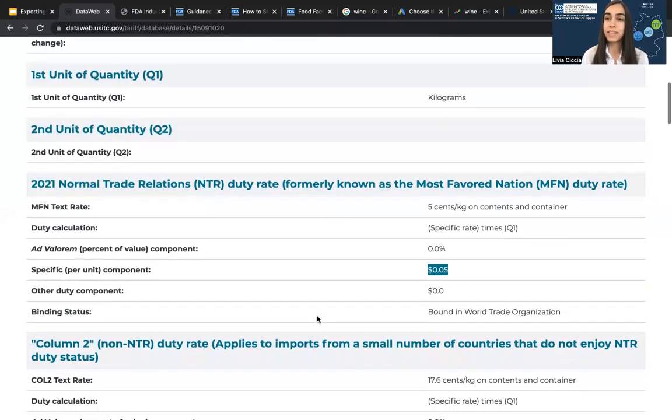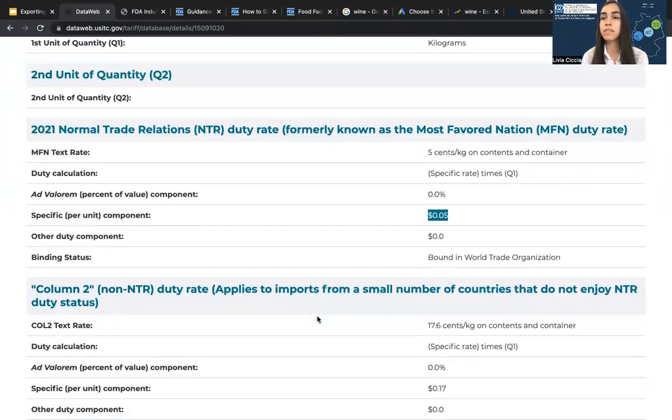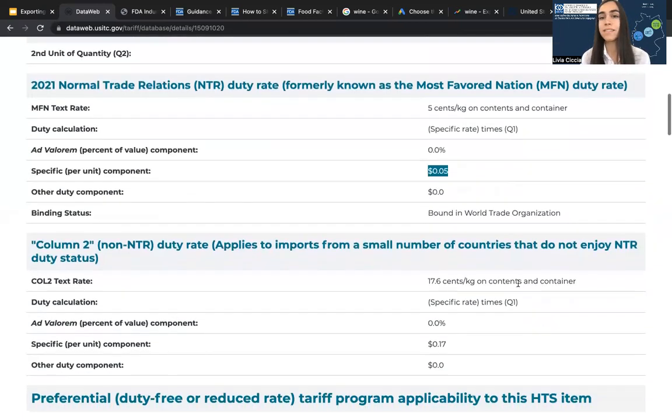And this is quite an important thing to consider when exporting, because your product will be subject to this tariff, and you will have to calculate your margin and understand your final earnings with the tariff.